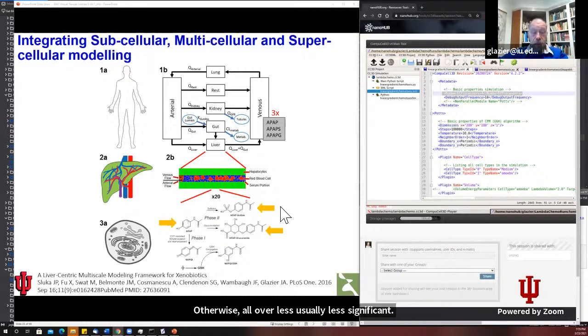So if you're going to build a model of the whole body and how, say, a drug moves around in the body, in and out of a tissue, you have to have a non-spatial model, a network model of what's called ADME, absorption, dosimetry, metabolism, and excretion at the top, and inside the cells, a model of what the molecules are doing in terms of metabolism.